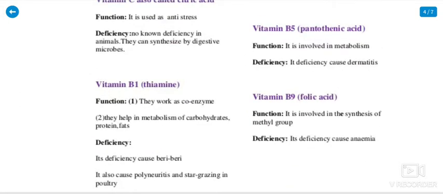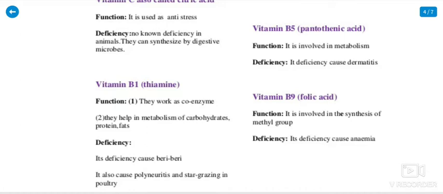Vitamin B1, that means thiamine. Its function is that it works as a coenzyme. It helps in the metabolism of carbohydrates, proteins and fats. Deficiency of vitamin B1 causes beriberi disease.